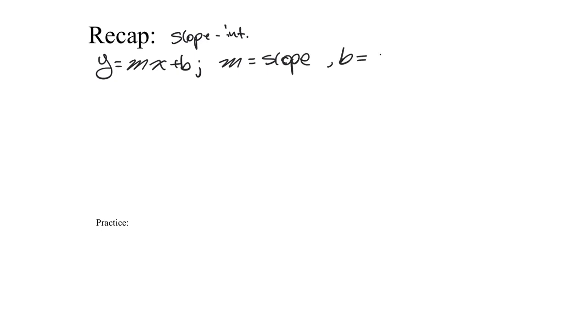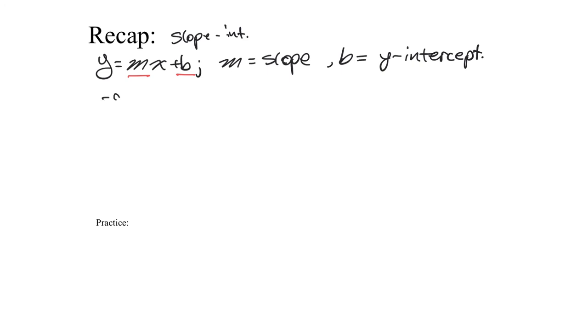All right, let's recap. So we're doing slope-intercept form, which is y equals mx plus b, where m is slope. That's not how you spell slope. And b is the y-intercept. Hence the name slope-intercept form.